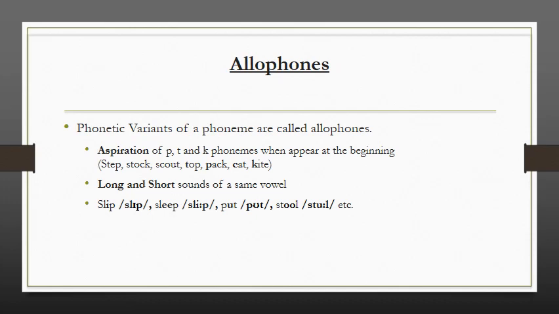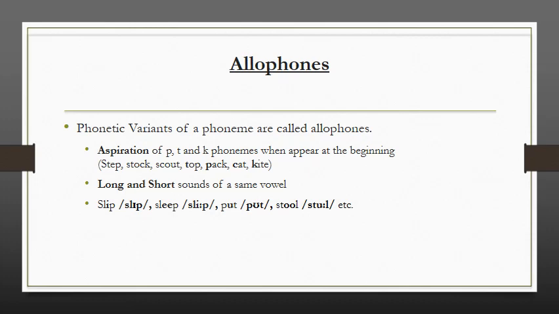So the next concept of phonology is the allophones. We may get the idea from this term itself that it's about the phones or the sounds. So how we may define it properly is: the phonetic variants of a phoneme are called allophones.